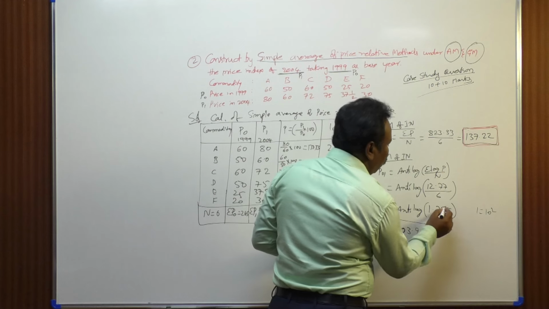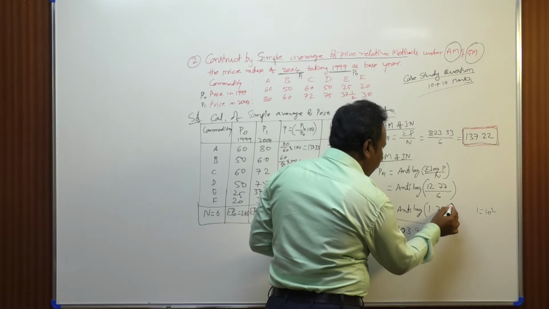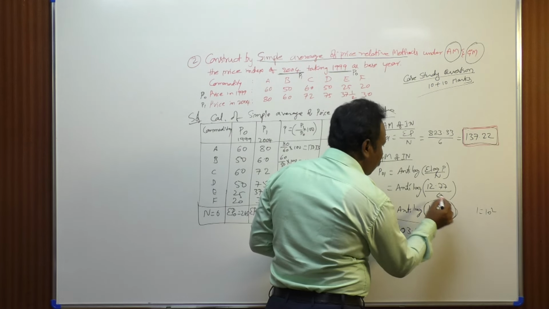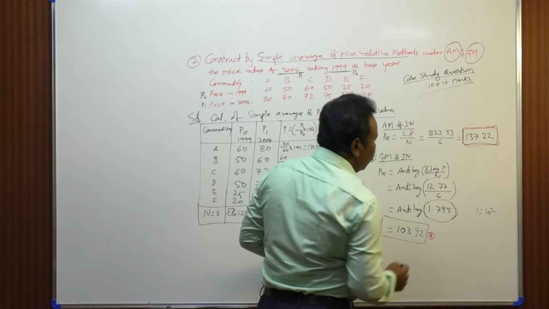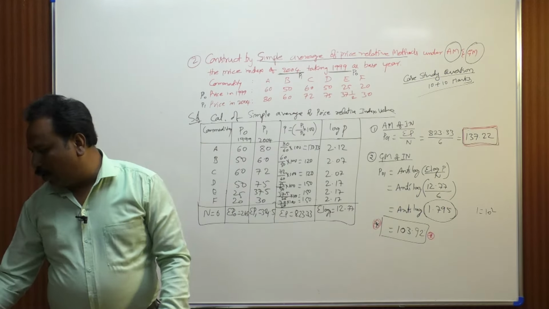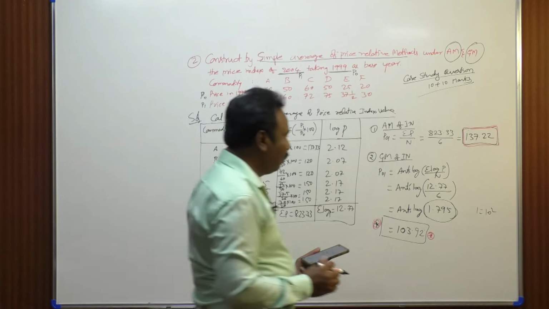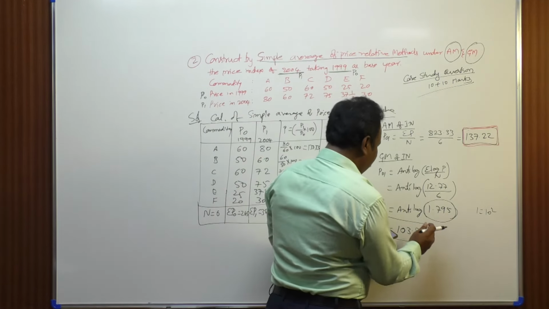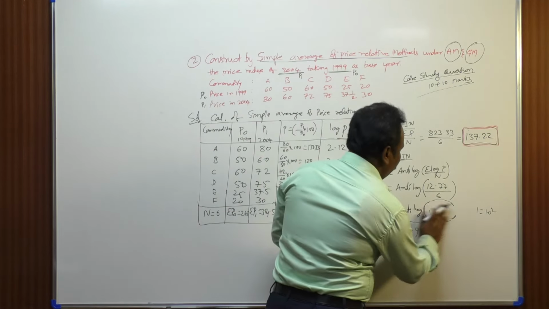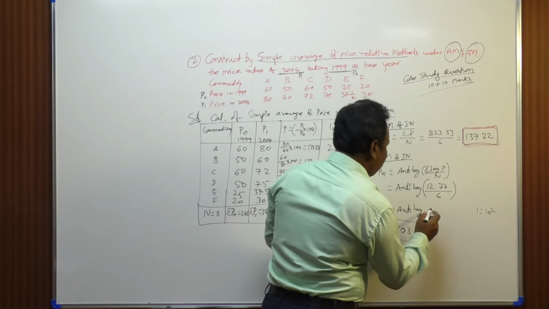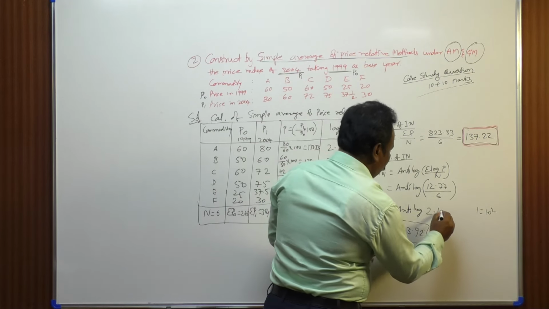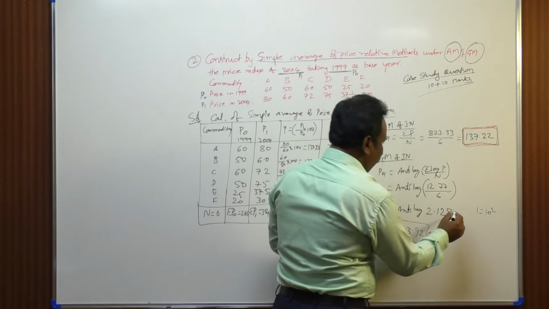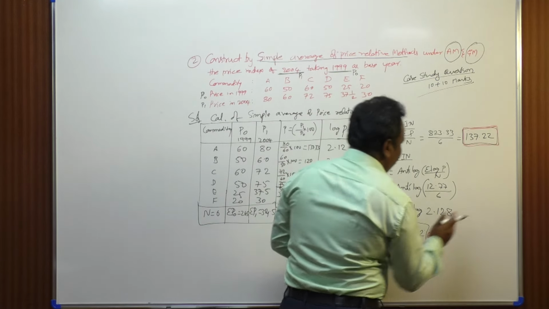Now, here some mistake is there. So, 12.77 divided by 6 is nothing but 2.128.